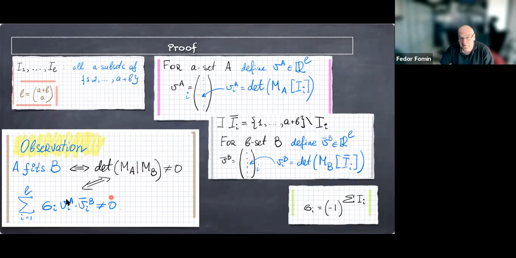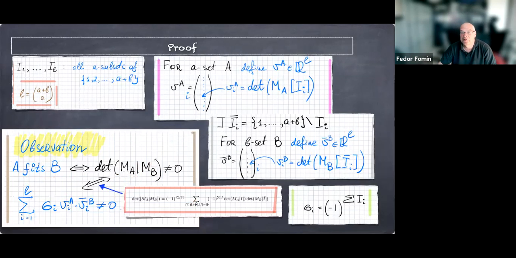And now the next observation is that if I use the generalized Laplace expansion and write down the sum of every determinant here, I will obtain exactly the sum of the products of sigma_i, V_i(A), the coordinate of this vector, and V_i bar(B), this vector, right?